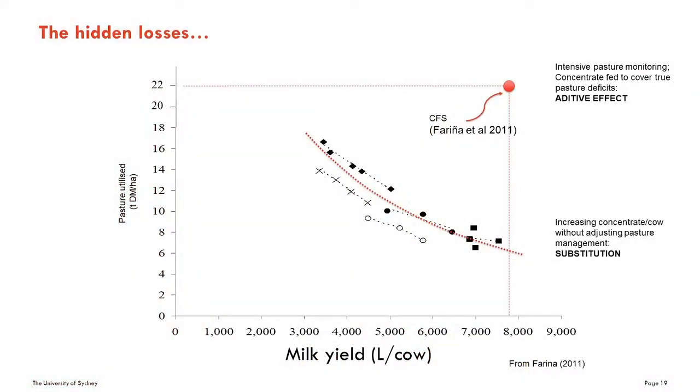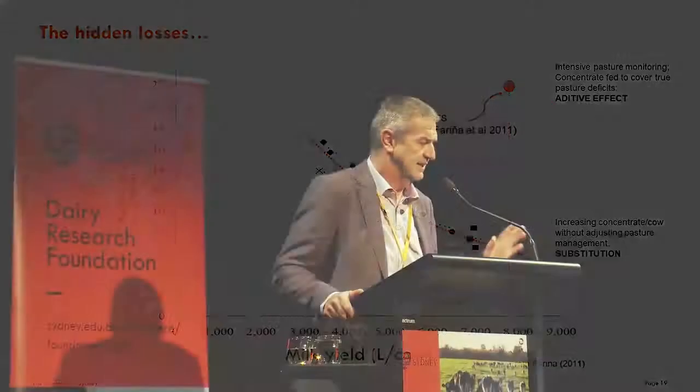I won't have time, obviously, to go through all of them, so I will take just one as an example. The data in this graph is our real data, and it shows milk yield per cow increasing while pasture utilization, on the vertical axis, decreases.